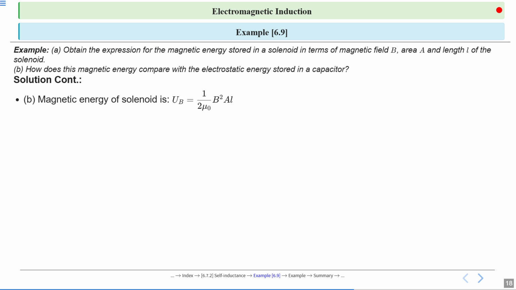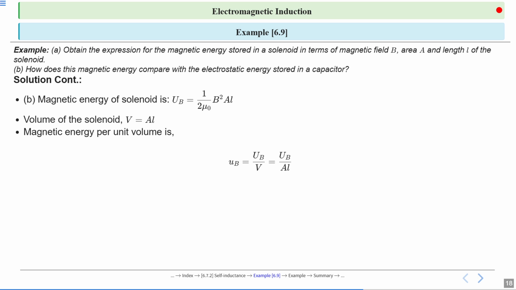Now B part. Magnetic energy of a solenoid is UB equal to half B square upon mu naught into AL. Volume of the solenoid is given by V equal to AL. Magnetic energy per unit volume is small ub equal to capital UB upon V. So it will be the ratio of magnetic energy upon the volume of the solenoid, which is capital UB upon AL.